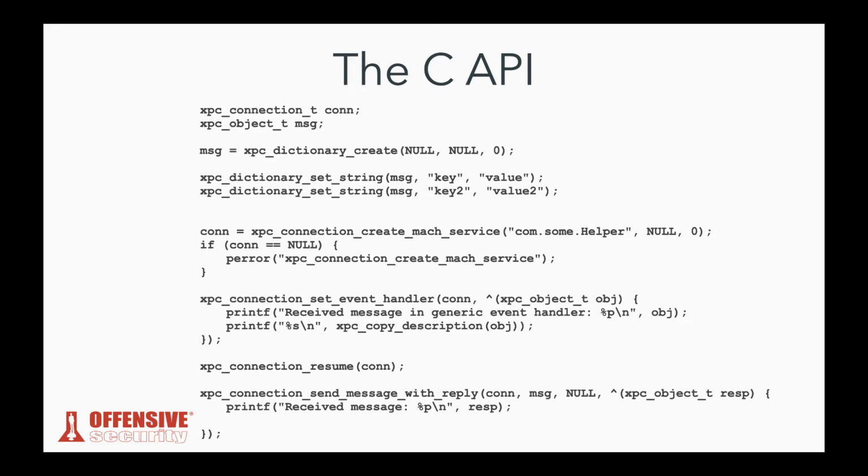If this goes through, then everything is good, at least on the first step. Then we set a connection event handler, which is required by Apple, and then we resume the connection. The last remaining step is sending a message over XPC.